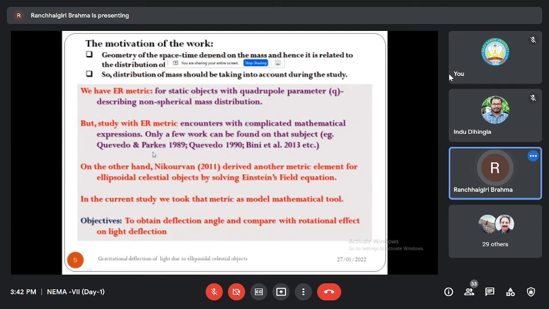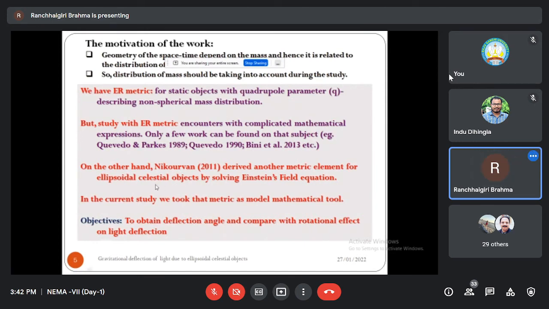On the other hand, in 2011 we found another metric element that can describe the symmetry of space-time due to ellipsoidal celestial objects, found by Nema VII in 2011.